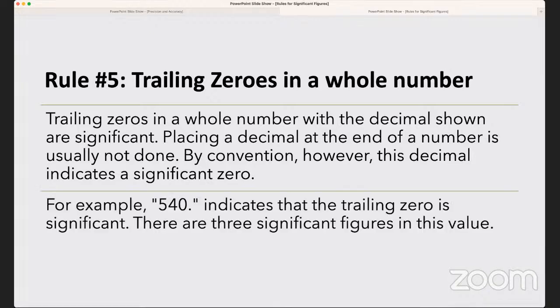What do I mean? In this example, 540 with a decimal point at the end indicates that the 0 after 4 is significant. Hence, this number will have 3 significant figures.